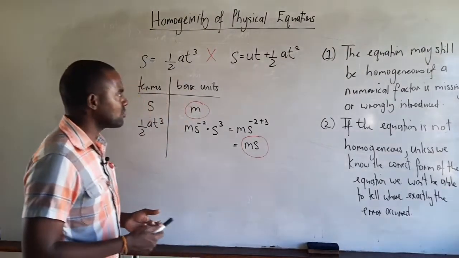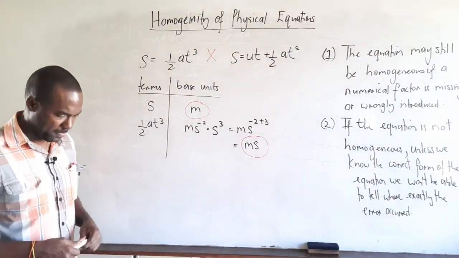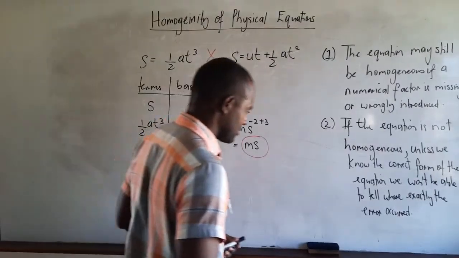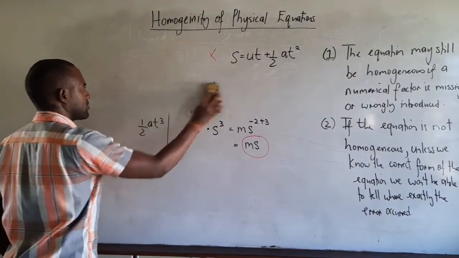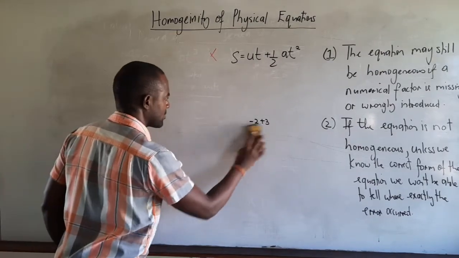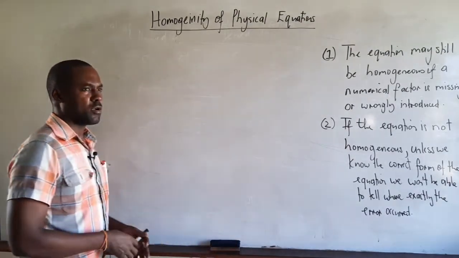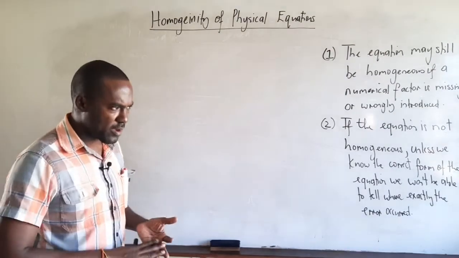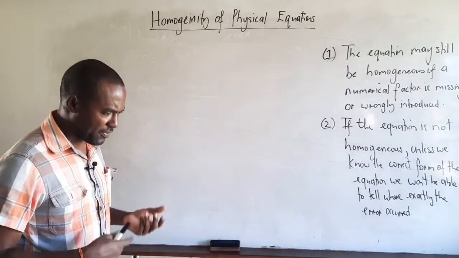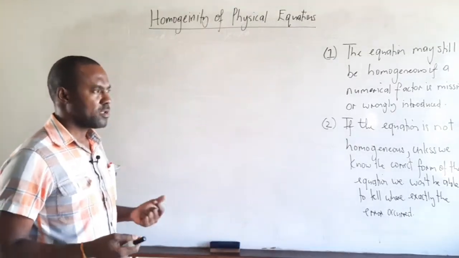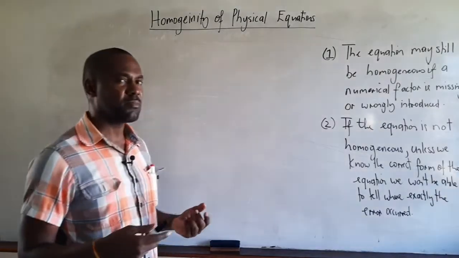So again, the equation could still be homogeneous if a term is missing. So not only will a missing numerical factor or multiplying constant not affect the equation's homogeneity, a missing term may also not affect its homogeneity, and therefore that is another drawback of using this method of homogeneity.